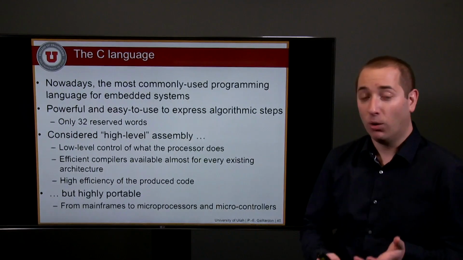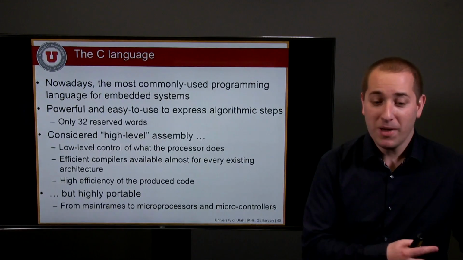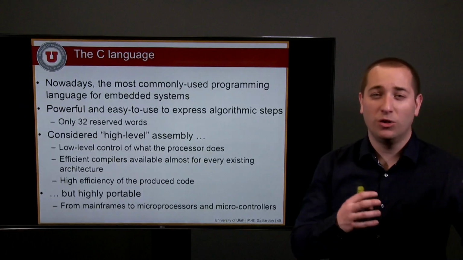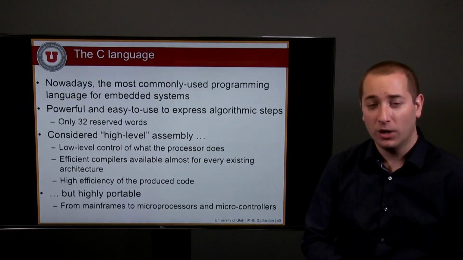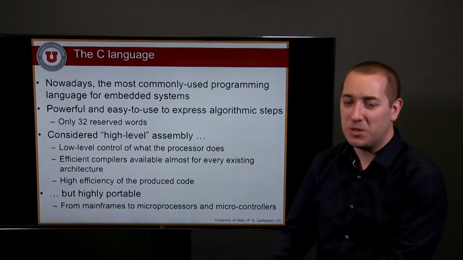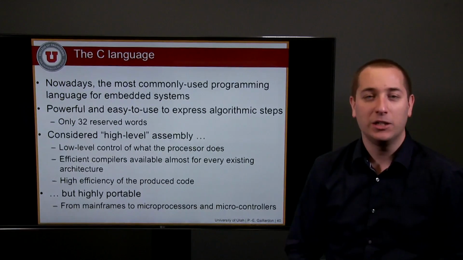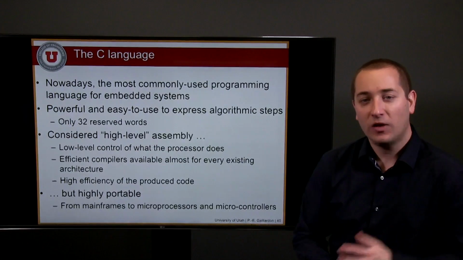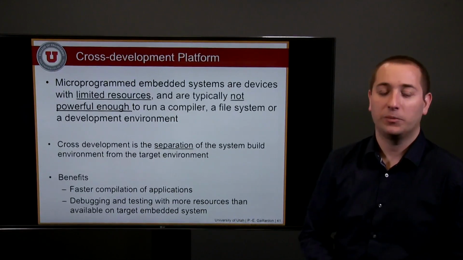Yet, it is highly portable. You can program mainframes, big desktops, machine learning applications on data center farms, whatever. And at the same time, you use the very same semantics to program a very tiny microcontroller. Because of this versatility, this is our tool of choice for this class.